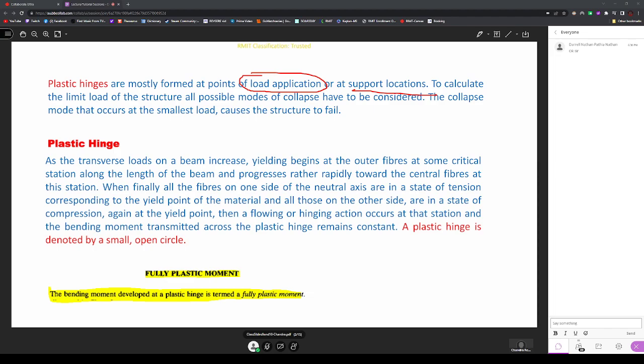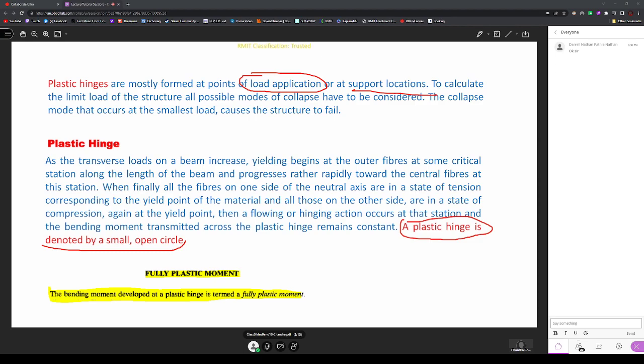So the maximum load and maximum moment occurs at these points where the load is concentrated or where there are supporting reactions. So normally we denote the plastic hinges by a small open circle.